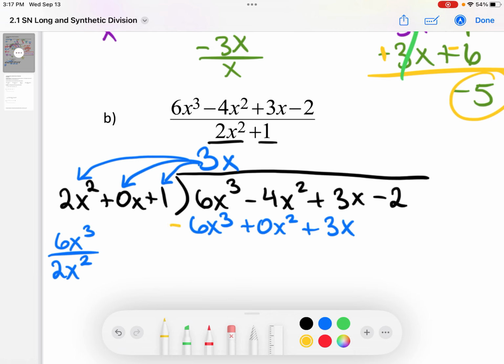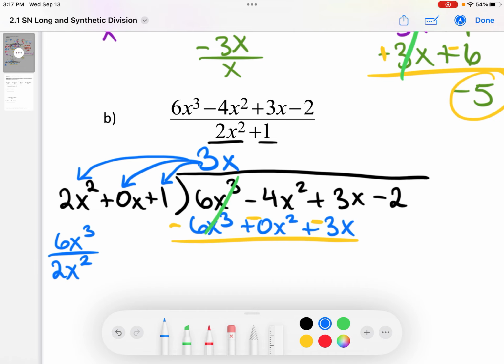Now, we subtract. Remember, we subtract every term, and that first term should zero out, and it does. 6x to the third minus 6x to the third really does zero out. So, do the rest of the arithmetic.